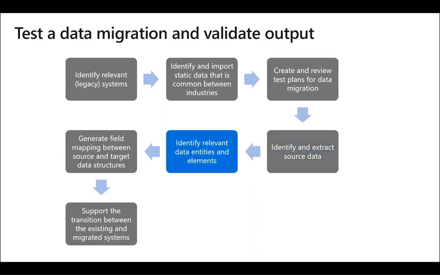After the source data is extracted, the fifth step is to identify relevant data entities and elements. We need to know what sources of data are important for analysis. If information being analyzed is not related to the scenario at hand, it should be set aside, because we should only use data sources that are absolutely relevant to the scenario for migration.